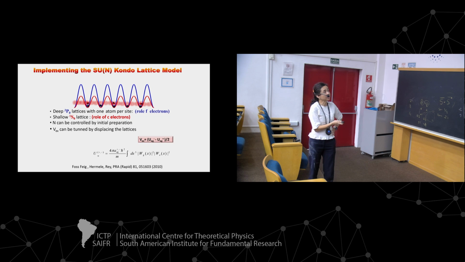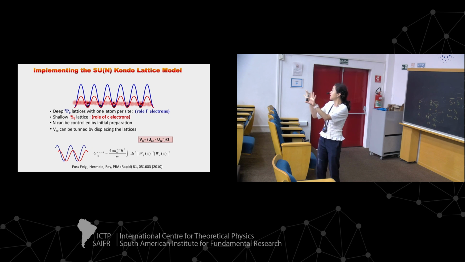You can manipulate the strength of the exchange interactions, because these two lattices are independent. If you displace one lattice, then the exchange interaction is the overlap between the two particles, and the overlap is going to be reduced. So there are ways that you can manipulate the exchange interactions, and therefore you have a way to control the phase diagram of the system.